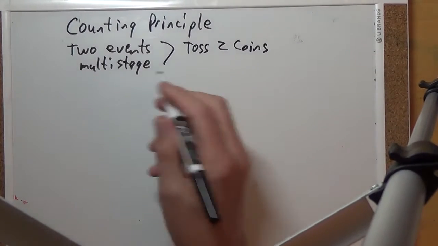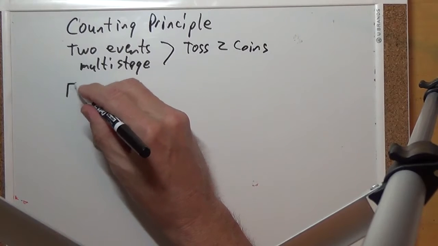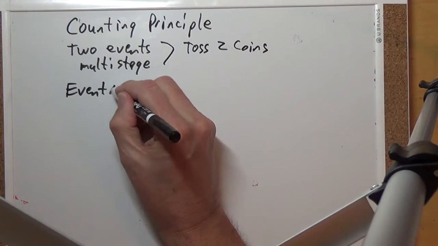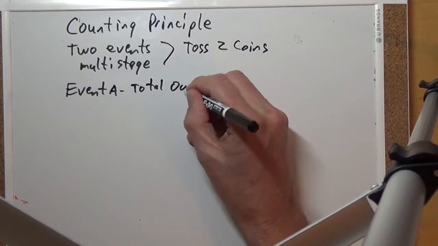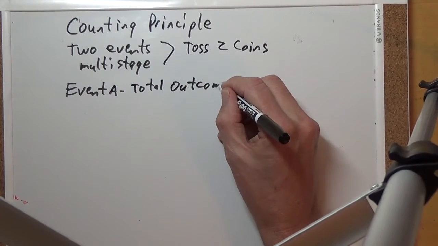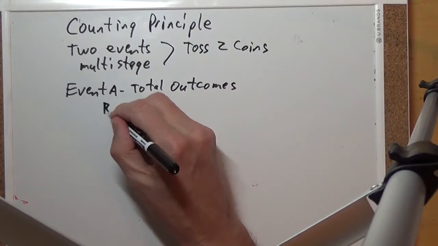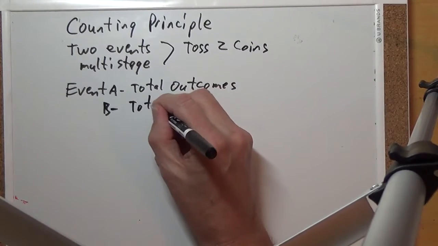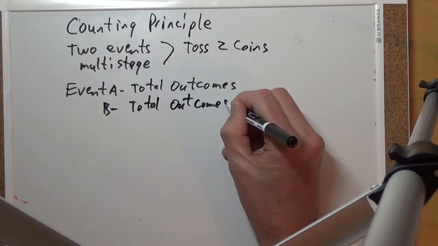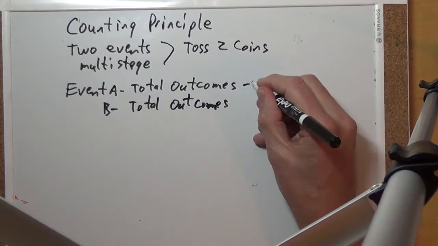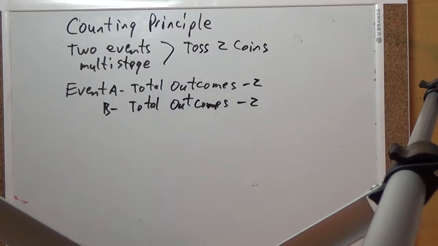You look at event A and the total outcomes there. You look at event B and the total outcomes there. Which in our case is 2 and 2.